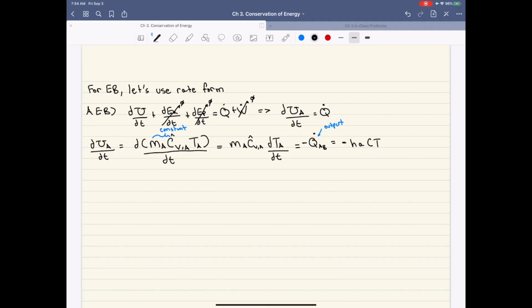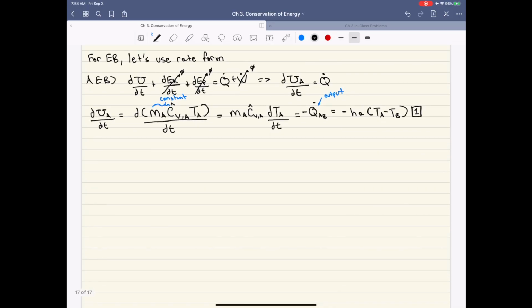And we just plug in the QAB equation that we got from earlier. Okay? And so this is what our energy balance for system A is. And I'm going to call this equation 1. Let's now work on the energy balance for system B. Once again, we start with the rate form.